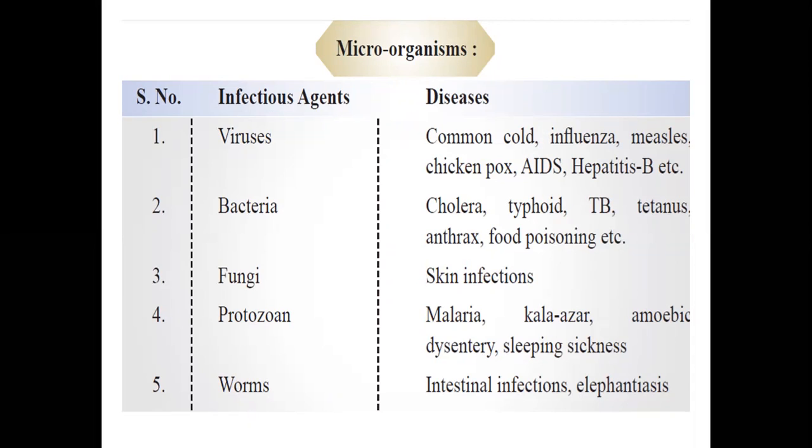Protozoa cause malaria, kala azar, amoebic dysentery, sleeping sickness. Worms cause intestinal infections and elephantiasis, meaning filaria. Simply we can say elephantiasis is filaria, which is caused by worms, and in that case the mosquitoes are agents or vectors.